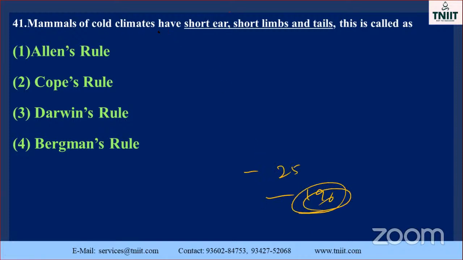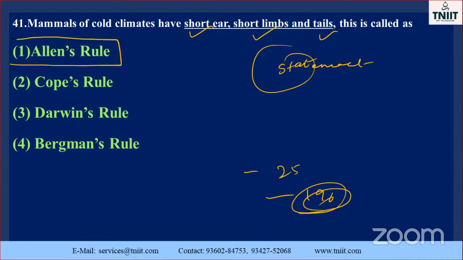But the animals of the cold climate have short hair, short limbs and tail. Who stated the statement? Some of the cold climate animals have short hair, short limbs and also a short tail. Who stated this?